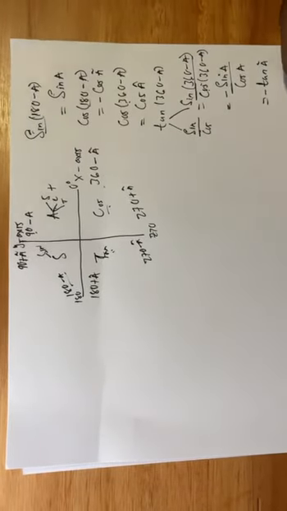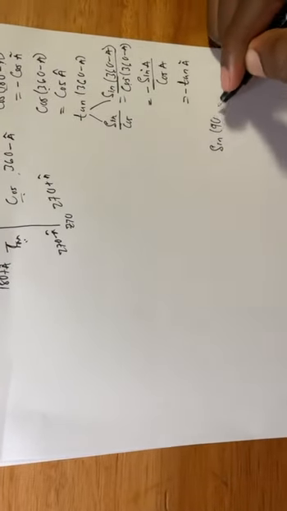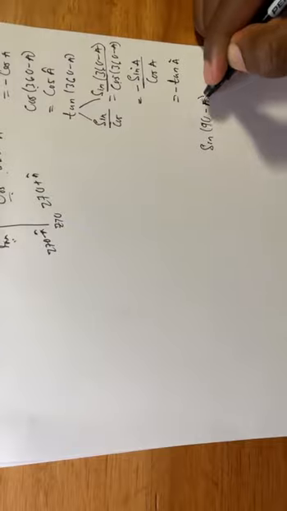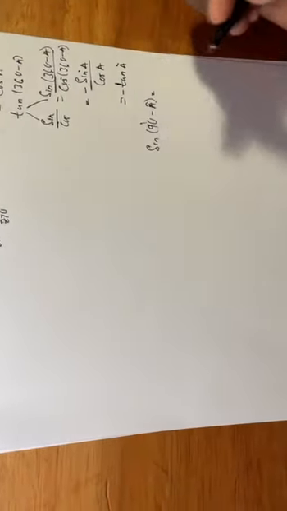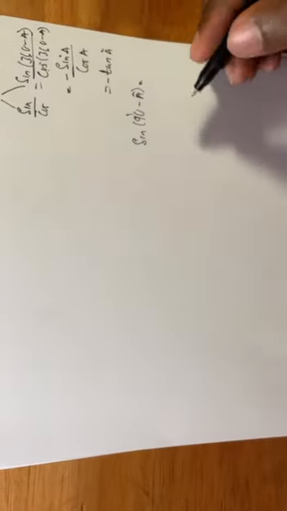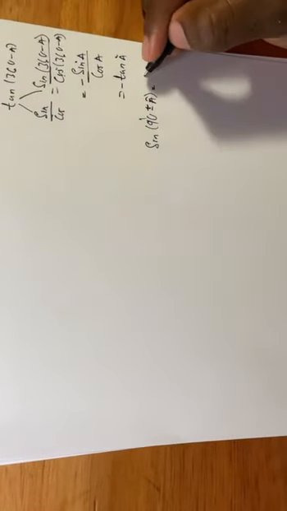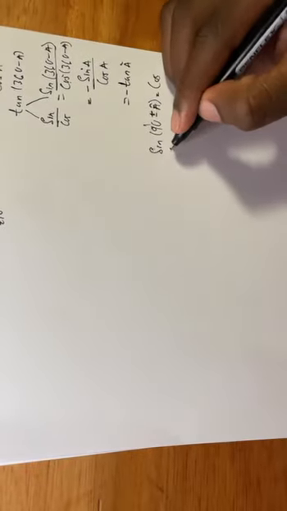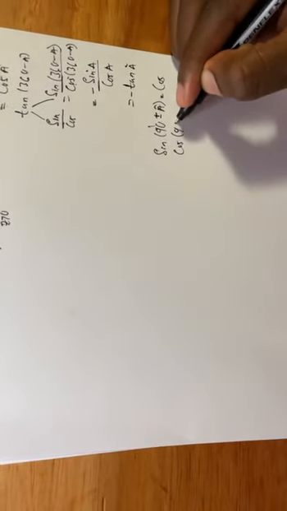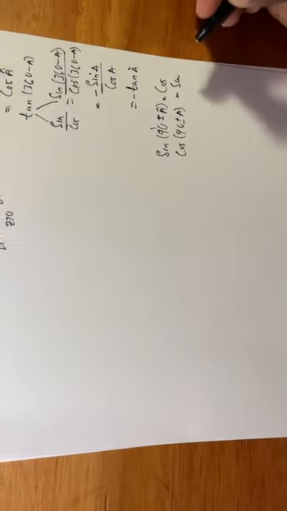What if we're given sine 90 minus A? Well, this is somehow special. 90 minus and 90 plus, they simply will change to cos. And even if we're given cos of 90 plus or minus A, this will change to sine.